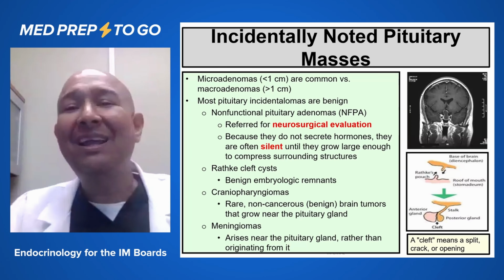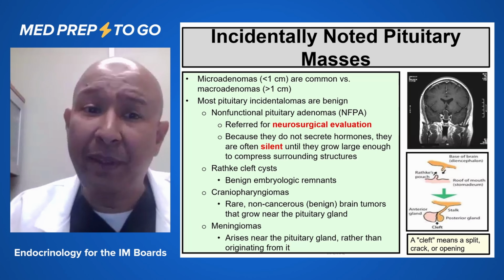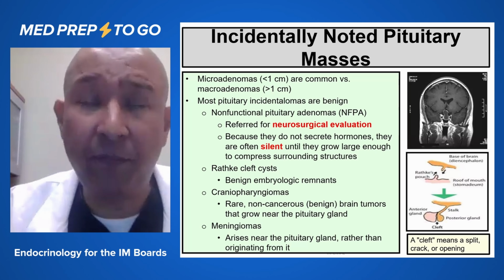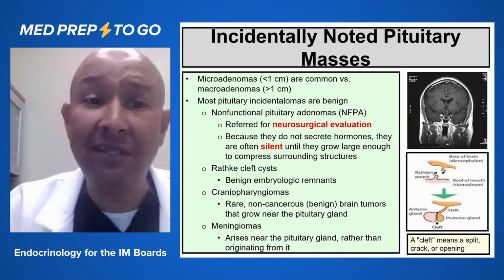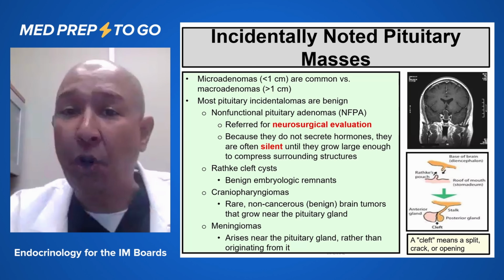Cancer. So, that's why I do believe when in screening, things are evidence-based. But when you start screening, ordering CTs and MRIs for no reason, you're going to find things. So that's what we're going to talk about now. Incidentally noted pituitary masses.